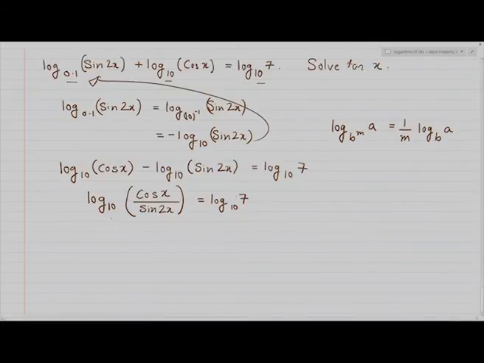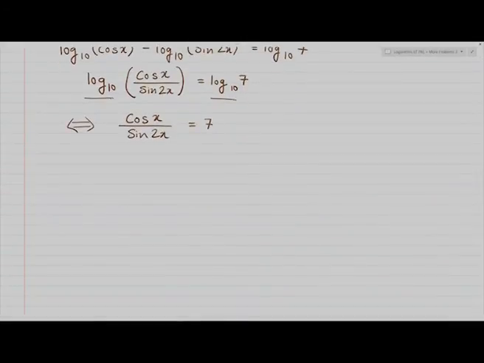Now, I know two terms are equal in the log. So, I also know cos x upon sin 2x is equal to 7. This is if and only if, right. But I know some formula for sin 2x also. What is the formula for sin 2x? 2 sin x cos x.